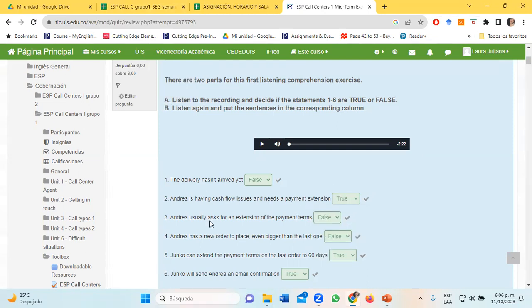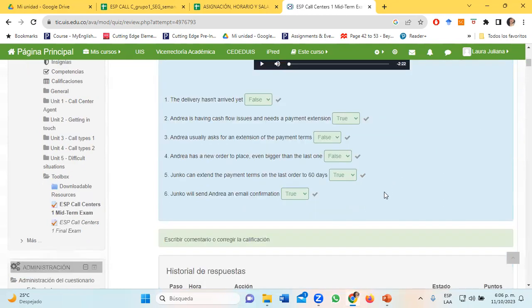Andrea usually asks for an extension on the payment terms. It's false. Andrea has an order to place even bigger than the last one. It's false. Junko can extend the payment terms on the last order to 60 days. It's true. And Junko will send Andrea the email confirmation. It was true, right? So there we have our answers.